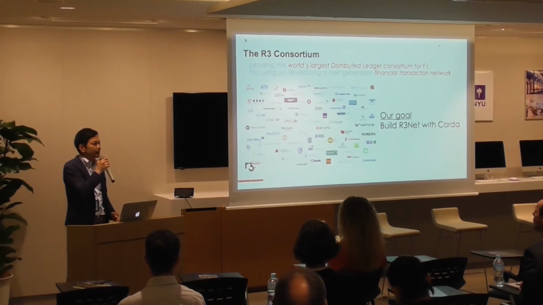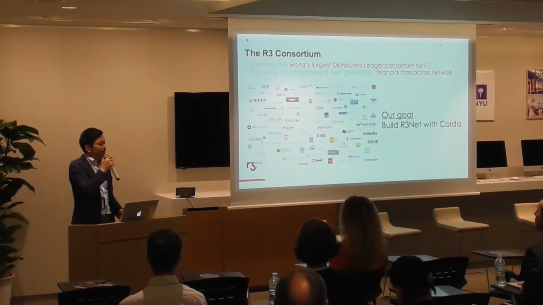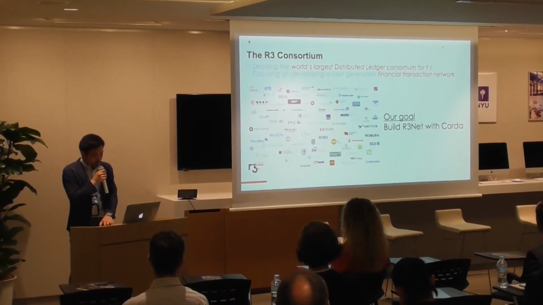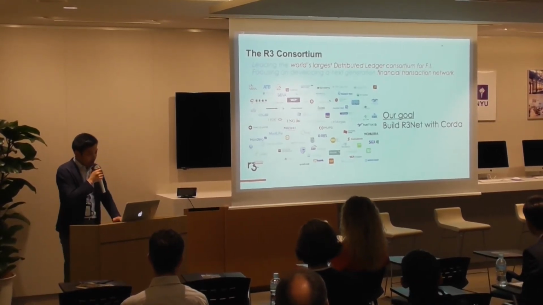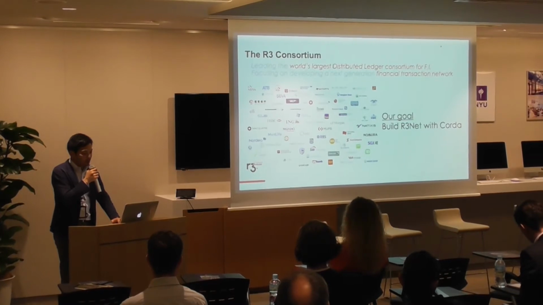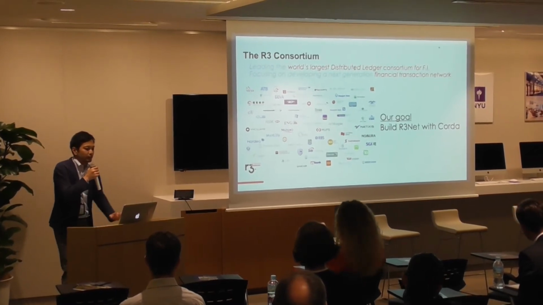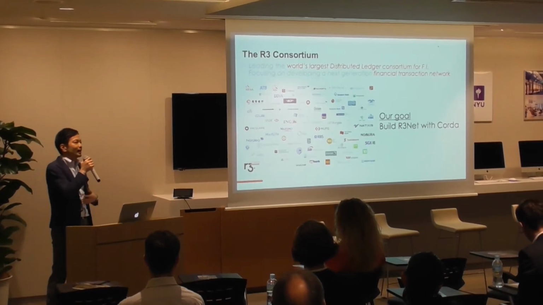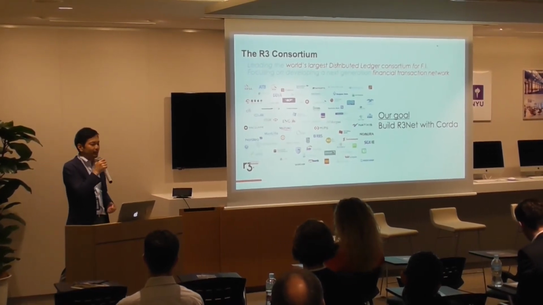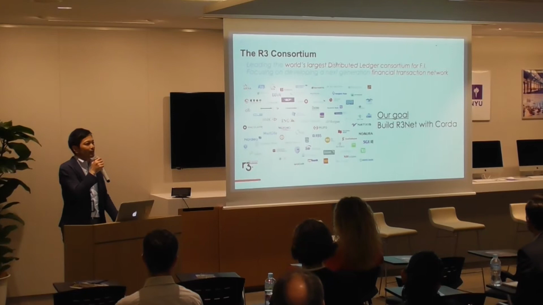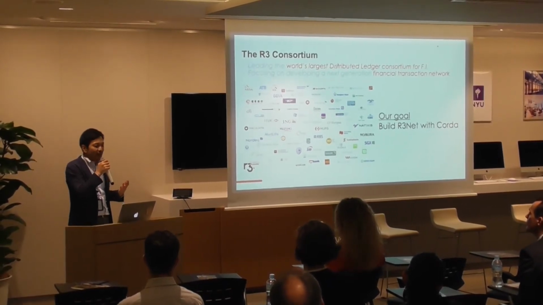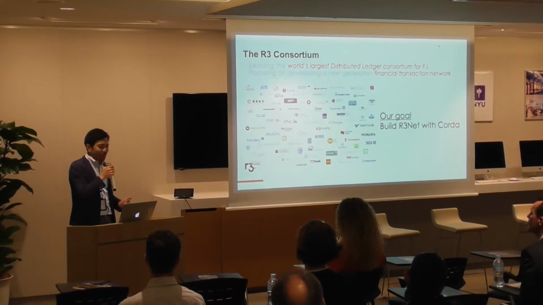So Corda is our product, and you can see here it's a distributed ledger. So what is distributed ledger? Why do we call ourselves a blockchain company? That's simply because we don't have blocks.